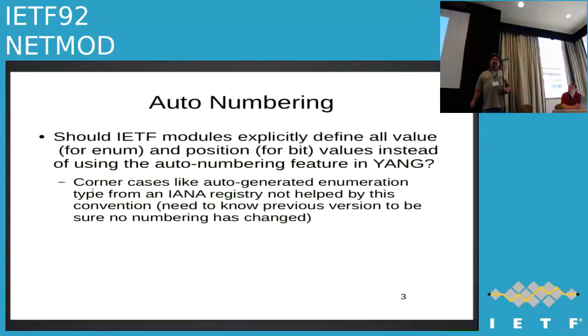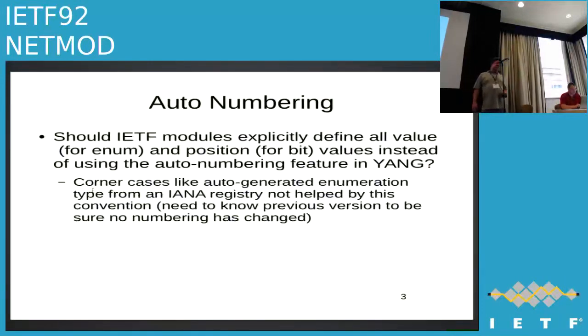This makes it clear that a number has been defined, and then in new versions of the module, the number is not allowed to change. This doesn't really help the corner case of these auto-generated enumerations from an IANA registry. They still have to make sure that they're not reusing a new value through some implementation magic.